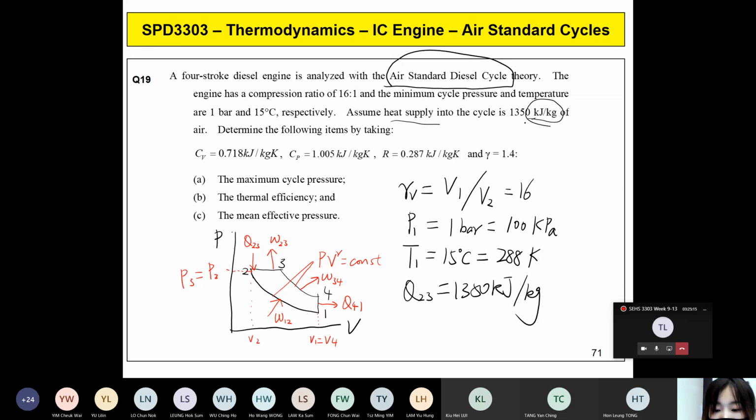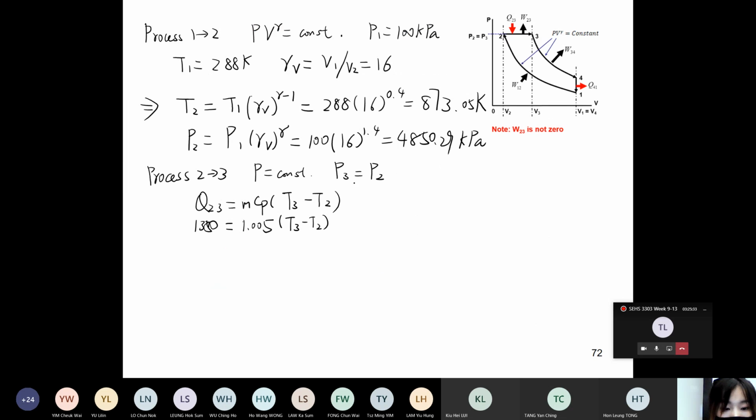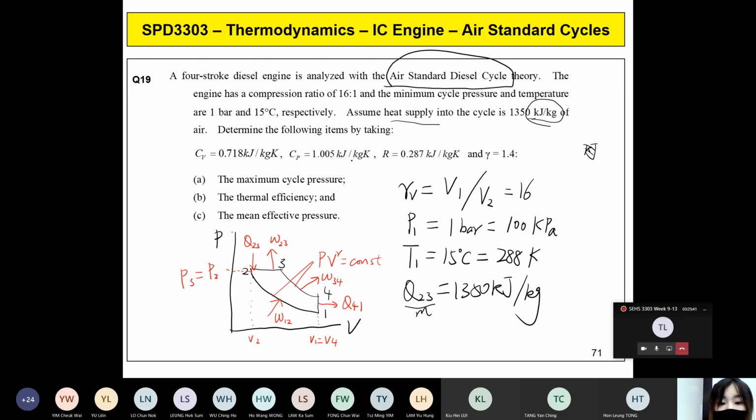Okay. So I think it should be right like this. Kilojoule per kilogram, right? If it were the heat supply, it should be kilojoule, but we have kilojoule per kilogram. So let's see, Cp, we have 1.005.